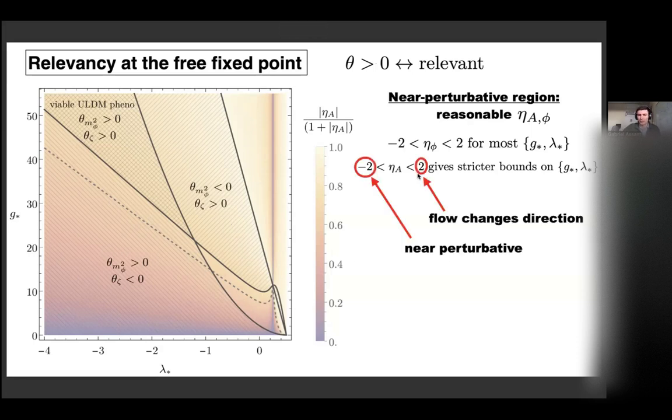So why do I pick 2 and -2? Well, 2 is because the dTRK in the flow will change sign when this anomalous dimension reaches above 2. And -2 is simply to mirror the +2. So this is what we define as the near perturbative region. This is quite a standard thing to do, and we trust essentially everything that is below this dashed line.